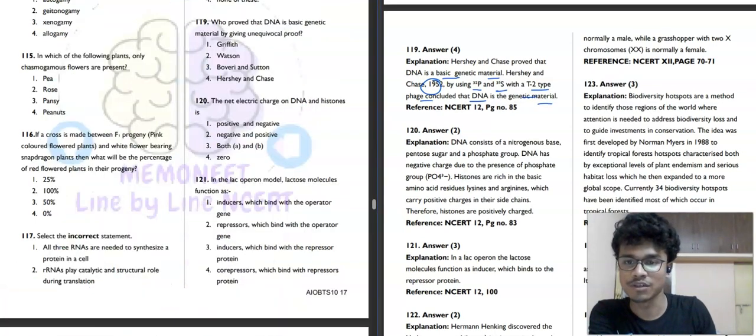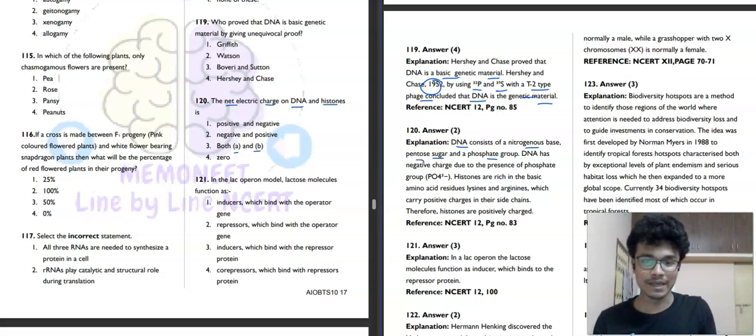Moving towards the next question, it is saying that the net electric charge on DNA and histone is positive and negative, negative and positive, both A and B, or zero. So basically, if we want to explain this, DNA consists of a nitrogenous base, pentose sugar, and a phosphate group. DNA has the negative charge due to the presence of PO4 3-, that is the phosphate group.